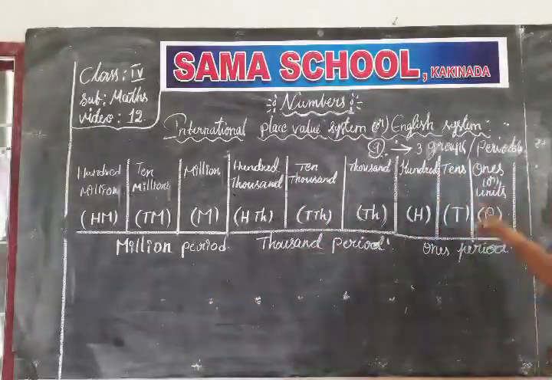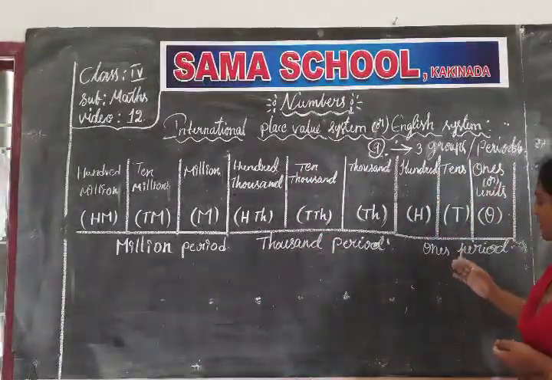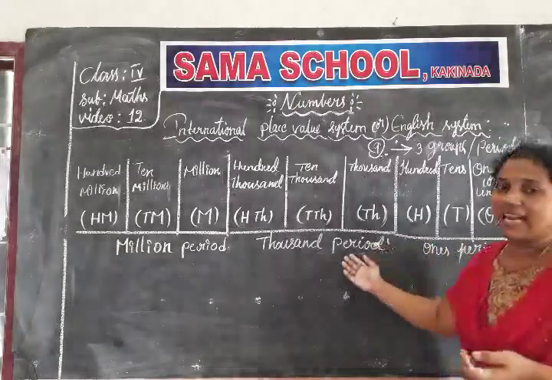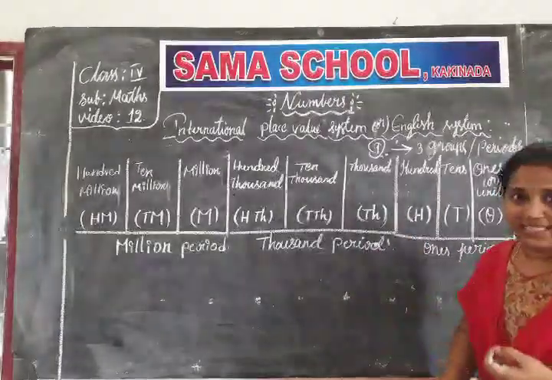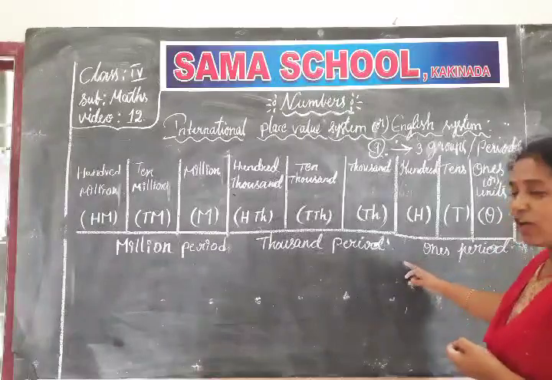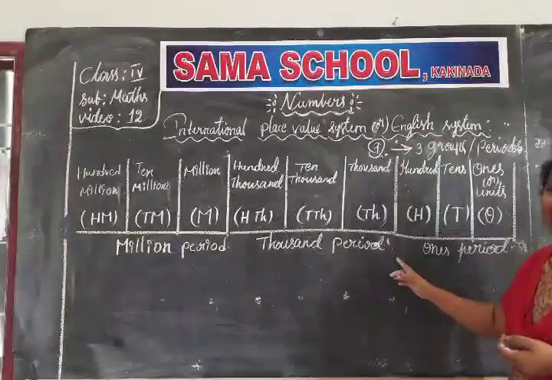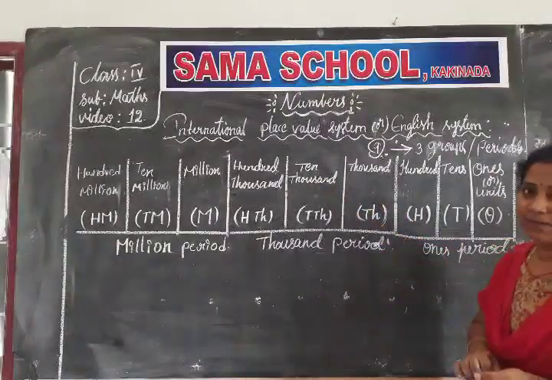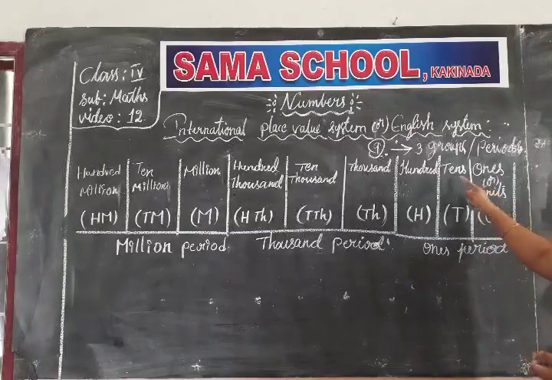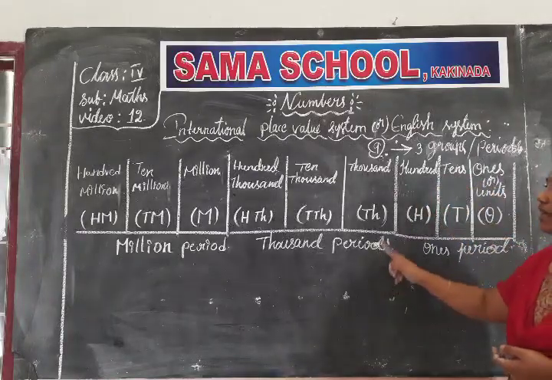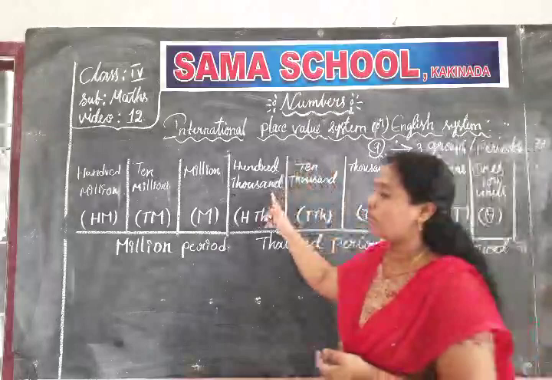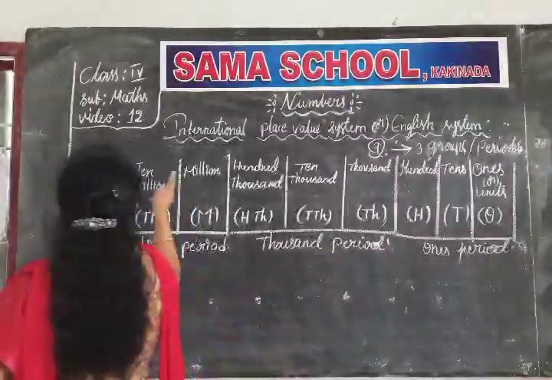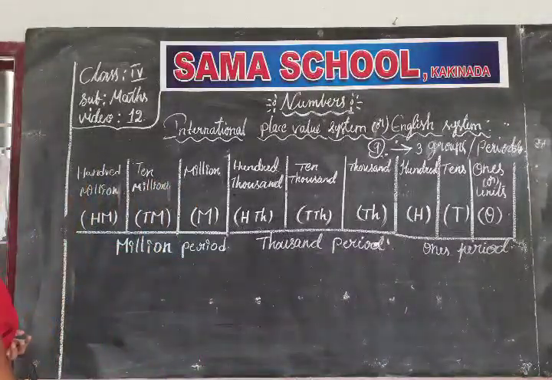It means in international place value system, all the periods have 3 places. Do you observe here?